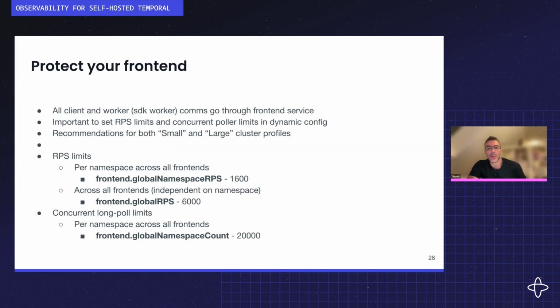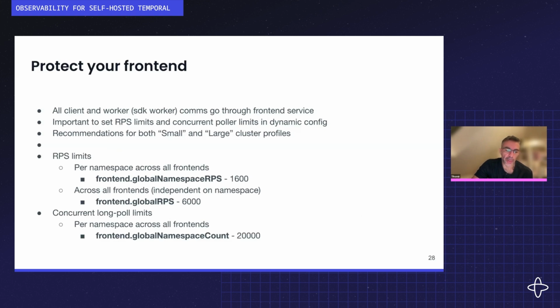Another thing that we need to do is protect our front-end service. All clients and your SDK workers, all the communications between outside of the cluster and the cluster, happen through the front-end service, through gRPC. And it's important to set two things: your request per second limits and also your concurrent limit of especially pollers.